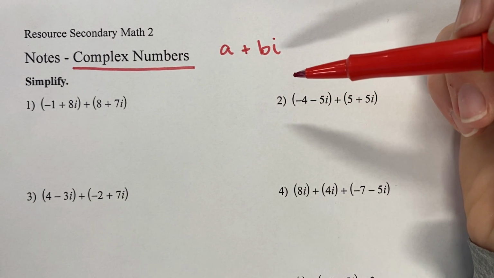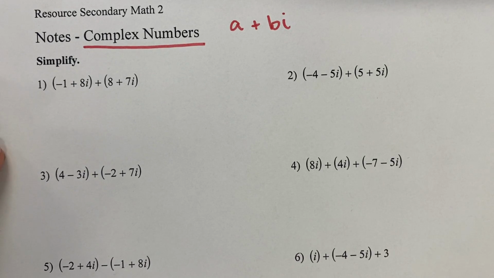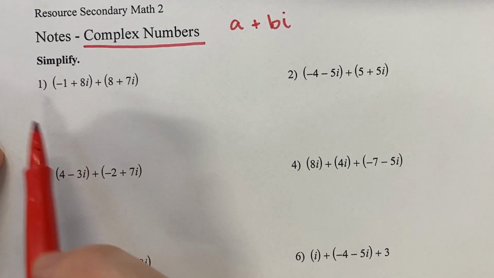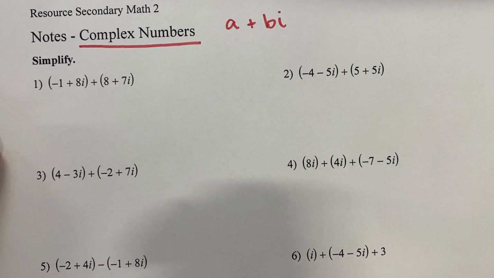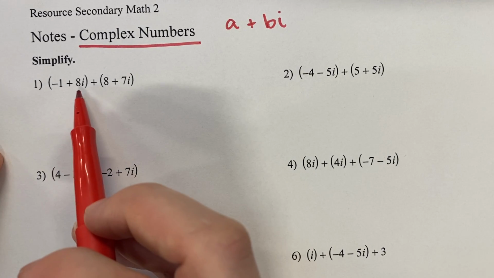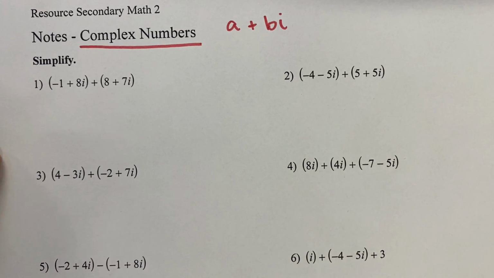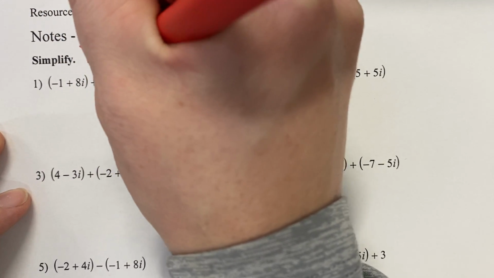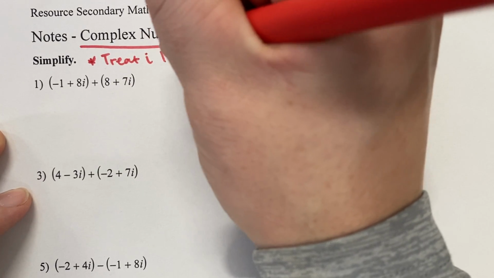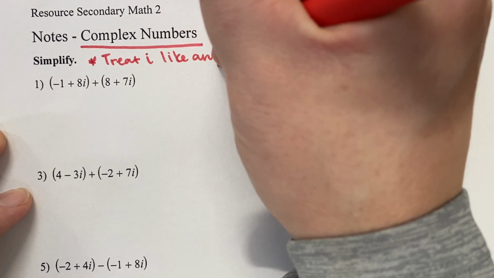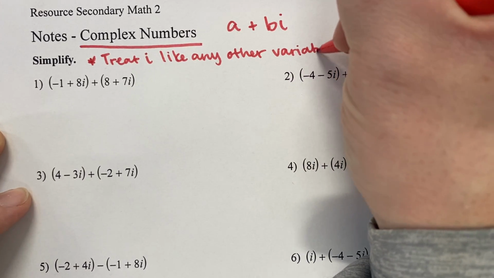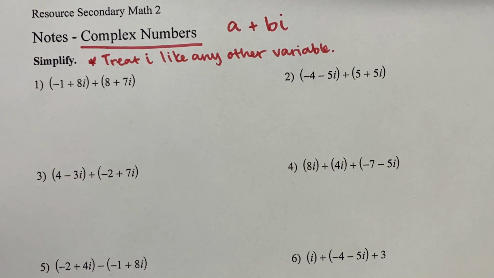Okay, so on numbers 1 through 6, it's asking us to simply simplify. So we're going to treat the i just like it were any other variable. In fact, let's go ahead and write that on our paper. Treat the i like any other variable, at least at this point.